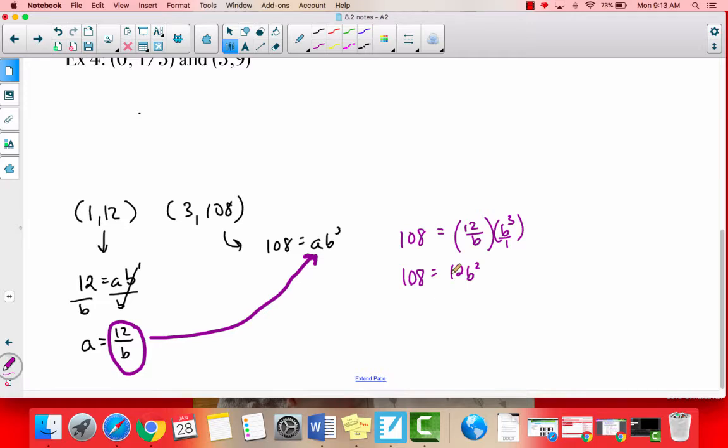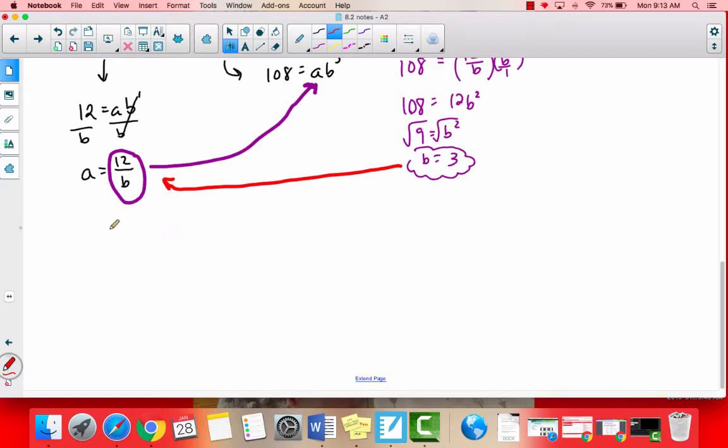So we can divide both sides by 12, and that's going to get us 9. So we're going to have 9 equals b squared, and then we take the square root of both sides, and that gets us b is equal to positive 3. So there's my b value, and then all I have to do is take that b value and plug it back in where I had a, because I don't know what a is yet.